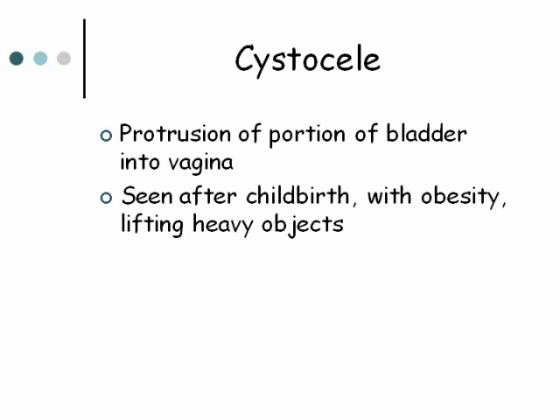Another problem that goes along with this is when you have a cystocele. This is protrusion of a portion of the bladder into the vagina. You see this very commonly in your older women who have had multiple pregnancies and vaginal deliveries, obese people, people who lift heavy objects, pretty common. And usually the uterine prolapse and the cystoceles will go together.